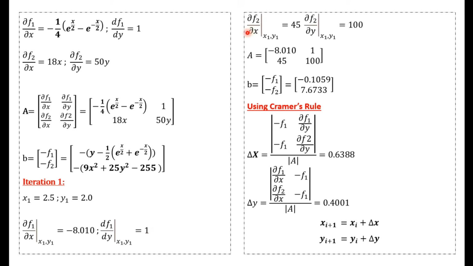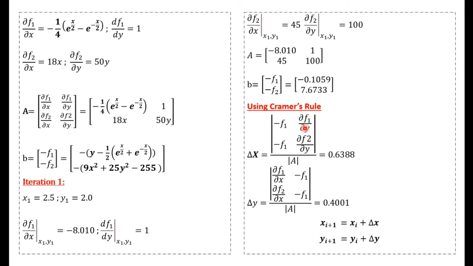Similarly, we calculate the partial derivatives of f2 at x1 and y1, and they are 45 and 100. We substitute the values of the partial derivatives and the values of the functions in the matrices, and we get matrix A and matrix B. Then we use the Cramer rule to find the values of the unknowns del x and del y.